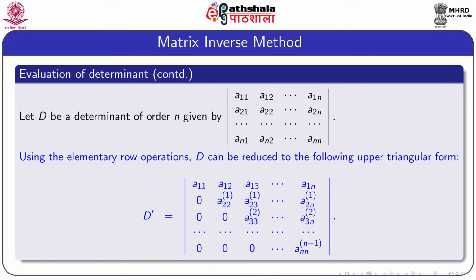Similarly, a23 superscript 1 up to a2n superscript 1 are the new values of the second row after the elementary row operations. Similarly, the third row is 0, 0, a33 superscript 2 up to a3n superscript 2. These values are obtained by again applying the elementary row operations, and lastly the last row is 0, 0, 0, with only the last element non-zero, and that one is ann superscript n minus 1.